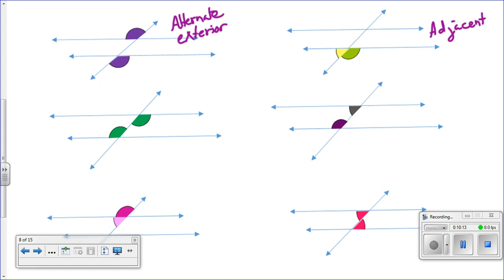These two are on the inside of the parallel lines, and they're on opposite sides of the transversal, so that's alternate interior. These two are on the same side, so they are consecutive, and they're on the inside, so that's interior.